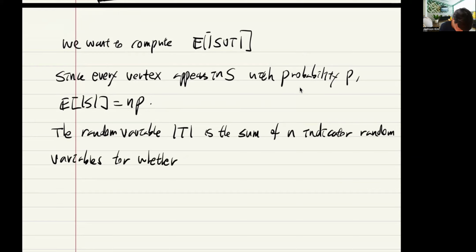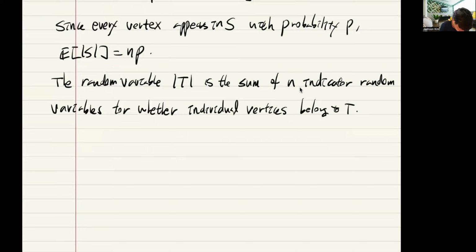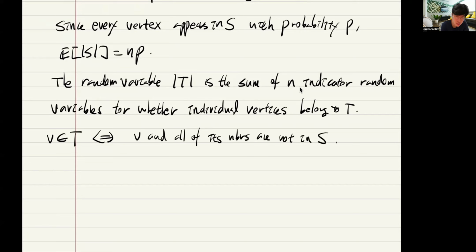Each indicator random variable is regarding whether an individual vertex belongs to T or not. But when do we have a vertex in T? That's if and only if the vertex and all of its neighbors are not in S, then it's there. You have the vertex and its neighbors, and none of them are in S.